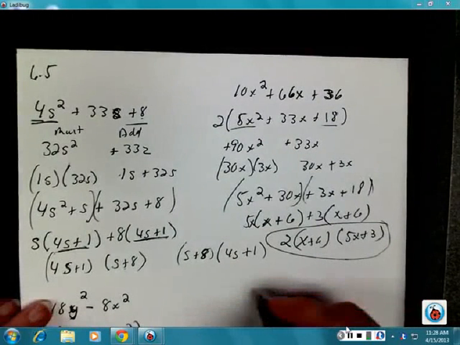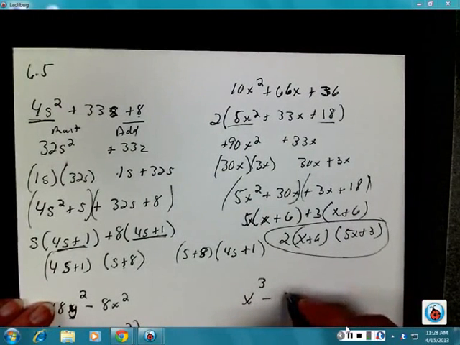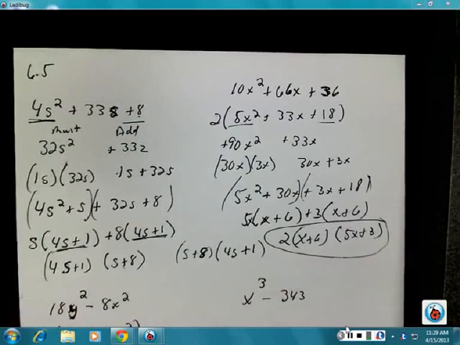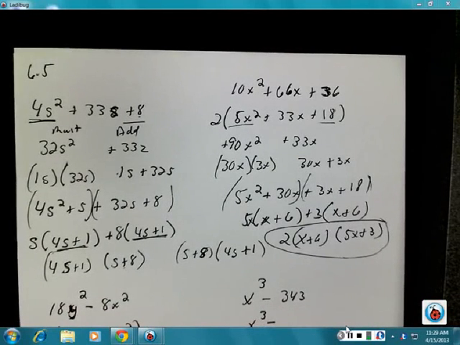Another one they might throw in there is x cubed minus 343. So the cube root of 343 is 7.